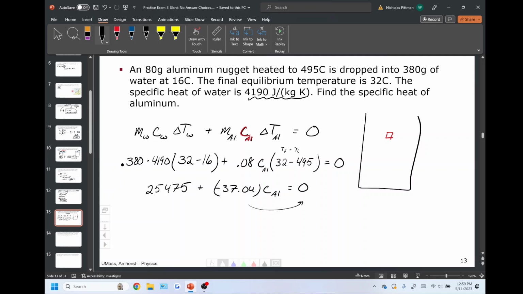So I move this to the other side and divide 25,000 by 37. And I get that C of aluminum, and I did the mass in kilograms, is 687.8 joules per kilogram Kelvin.